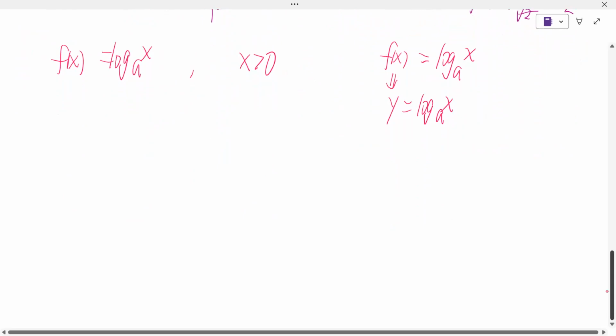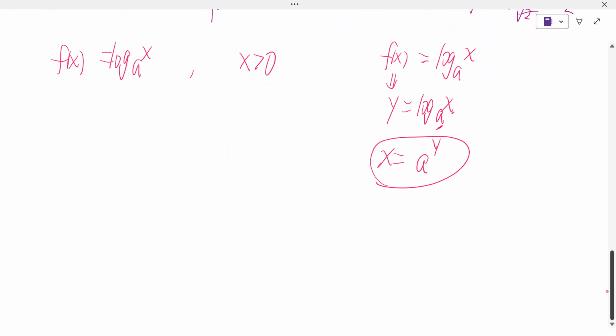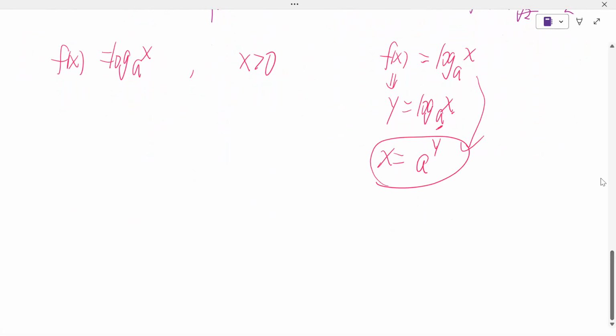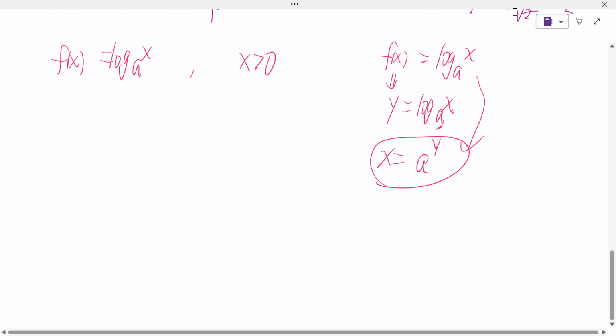You would do this: x here will be equal to a raised to the y power. So you can always switch the logarithm back into the exponent, because they are inverse of each other.